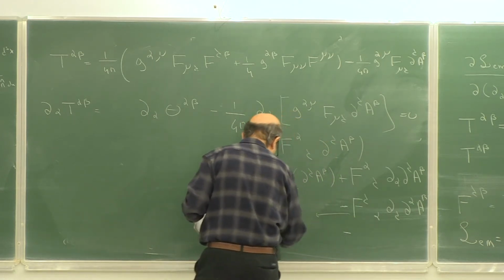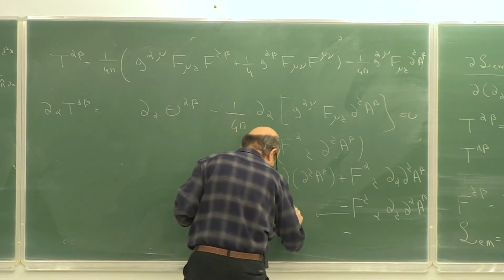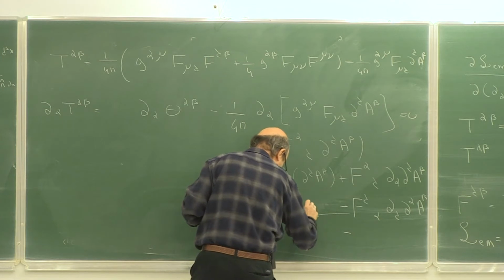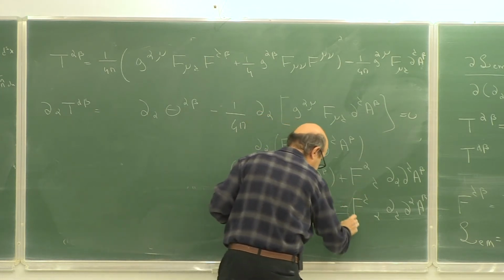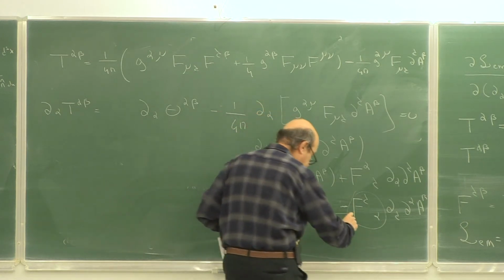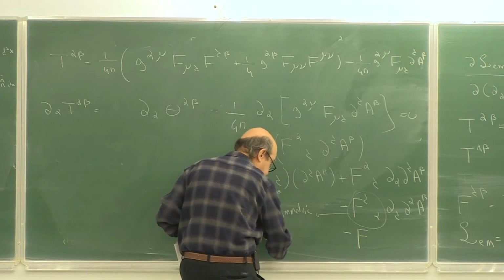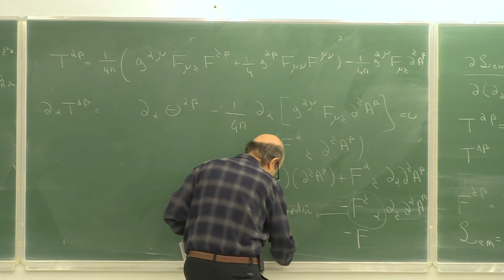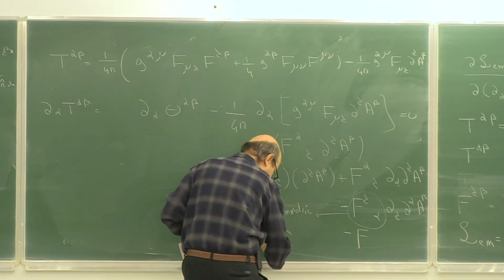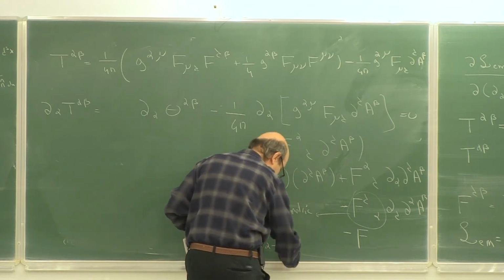So this is the multiplication of the antisymmetric tensor with the symmetric one. But in the other one, you can say they are dummy at the same time. Alpha goes to lambda, lambda goes to alpha.